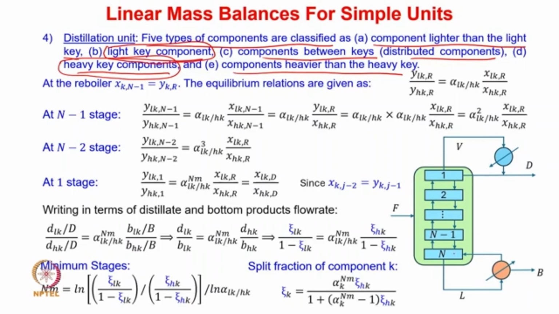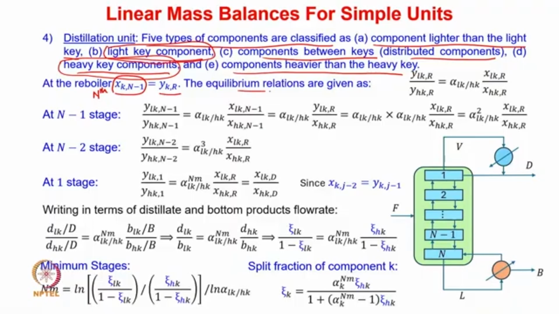If you are taking the nth stage here, at the nth stage the mole fraction of the liquid coming in is this, and the mole fraction of the vapor going out from the nth stage is ykr. So xk n minus 1 is the same as ykr. The mole fraction of the liquid coming in the nth stage and the mole fraction of the vapor going out from the nth stage are both taken the same.